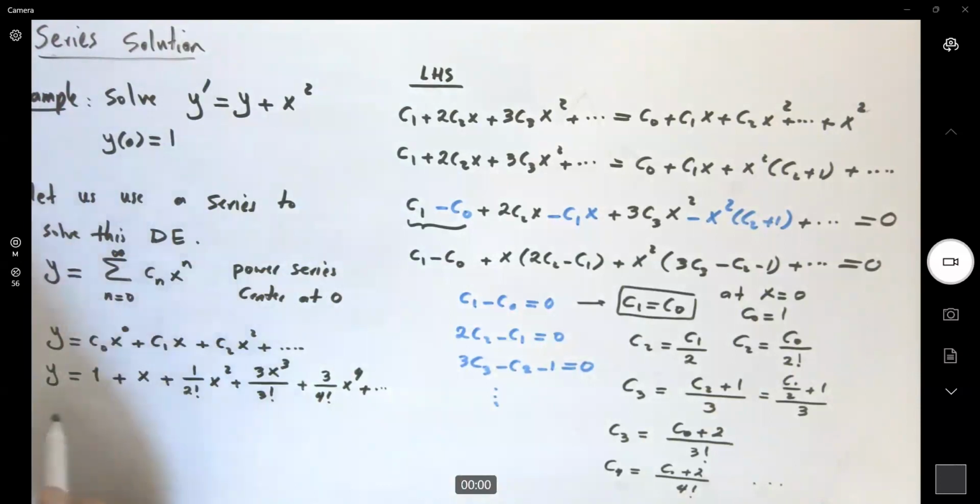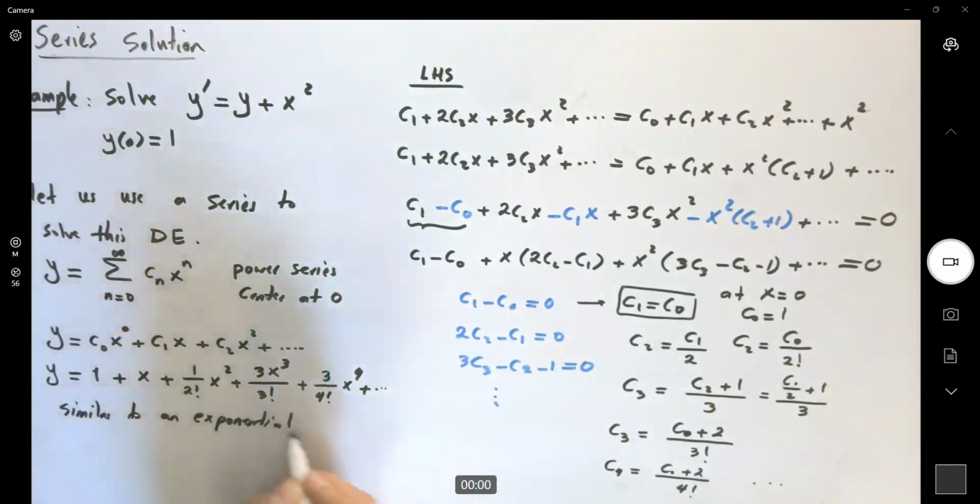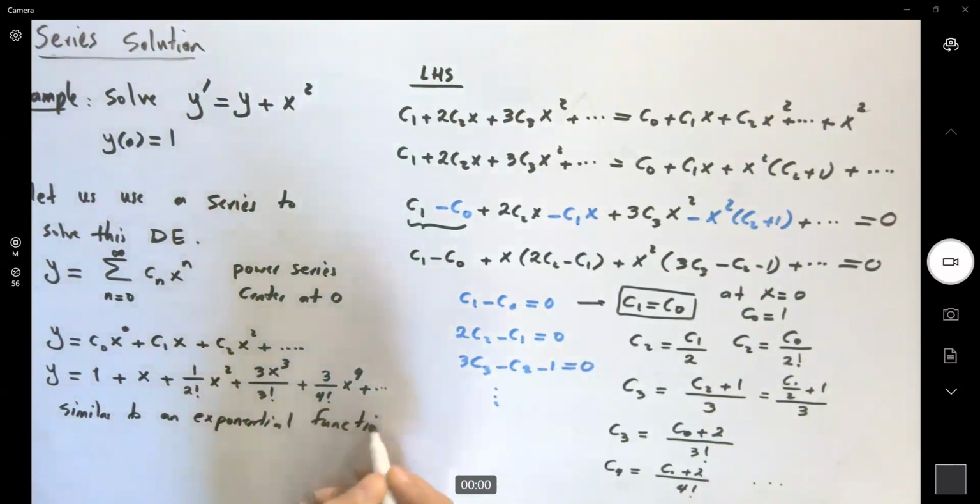As you can see, the behavior is very similar to an exponential function written in its analytic form.